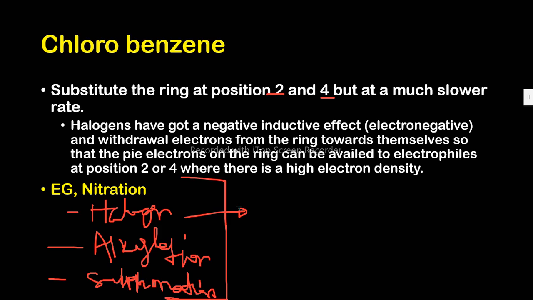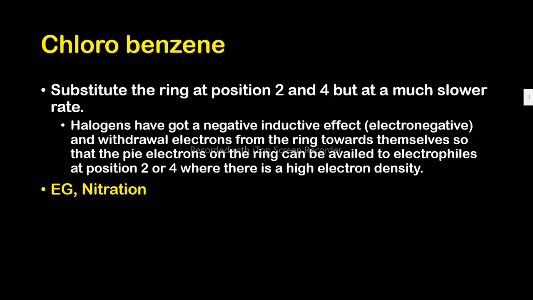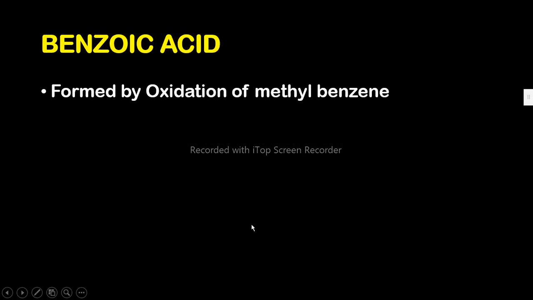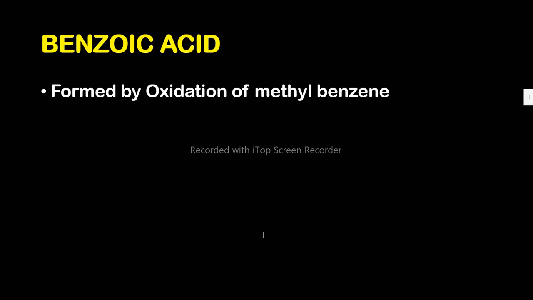Not so? Yes. Let's proceed to benzoic acid. Now with benzoic acid, this is a ring where one of the hydrogens is substituted by a carboxyl group. One of the hydrogens is substituted with a carboxyl group, and this is a carboxyl group, COOH.